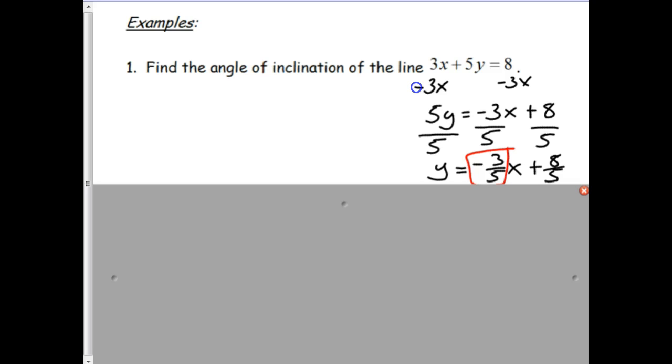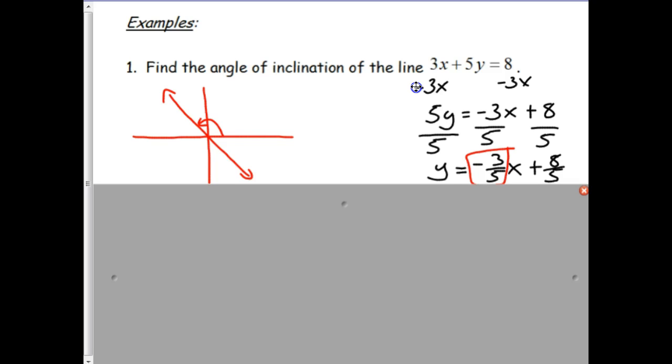So what are we going to be doing with that slope? Well, we are going to be finding the positive angle associated with that negative slope. You can kind of think about a negative slope runs like this, right? It's going down. We're going to be finding an angle in the second quadrant because we only want the positive angles.